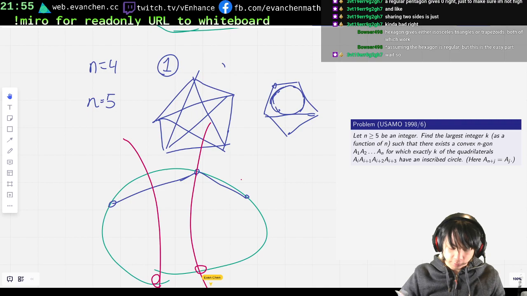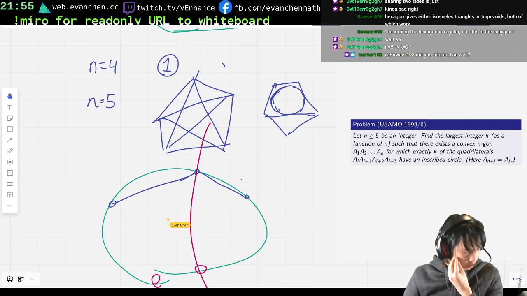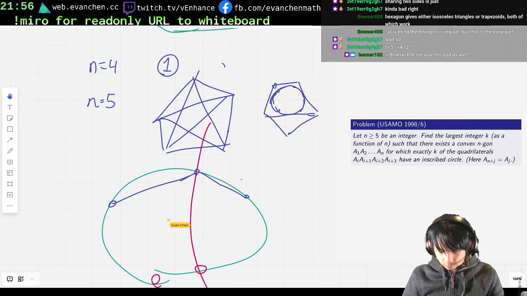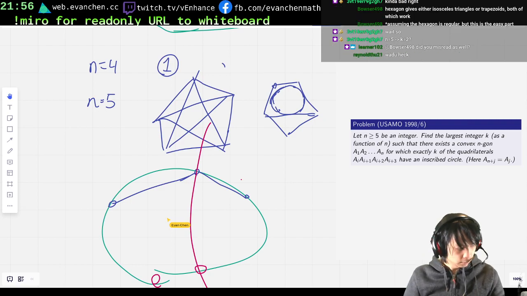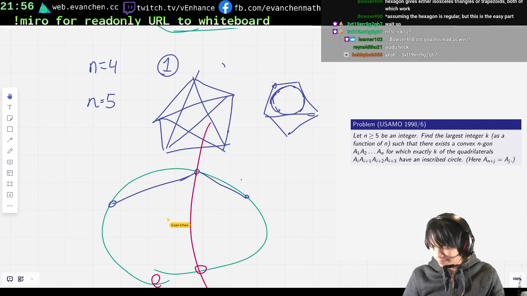No, actually, it's signed. At most 1. Is pentagon 2? Is it that small?